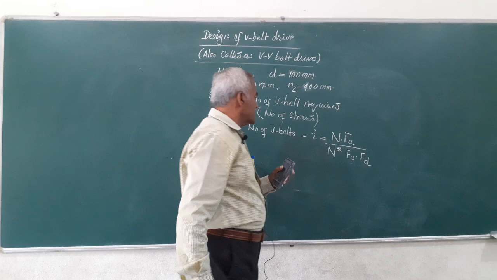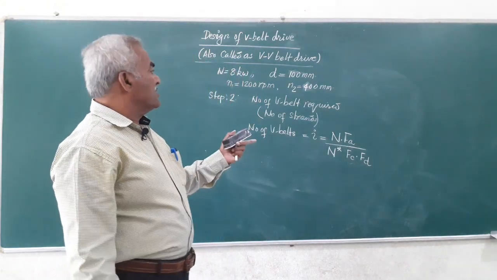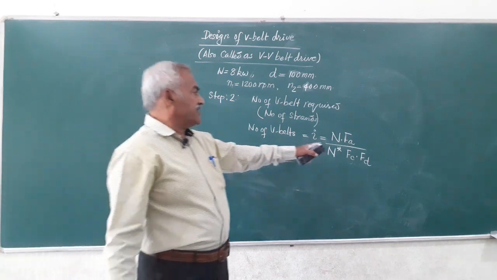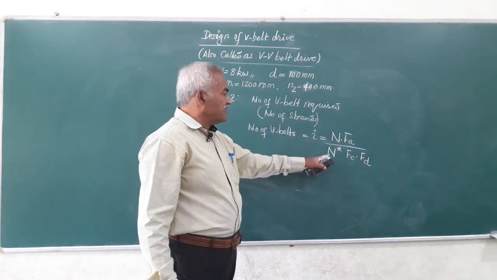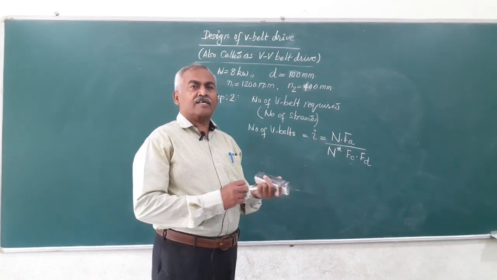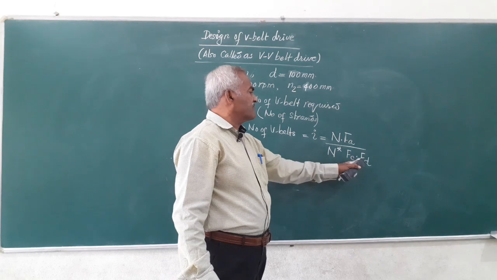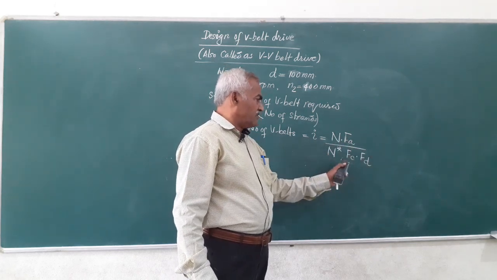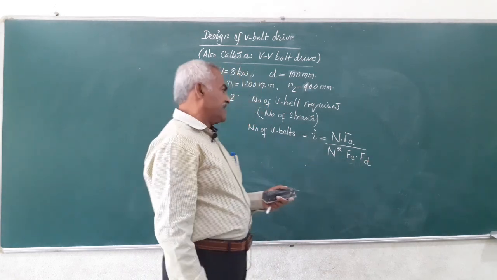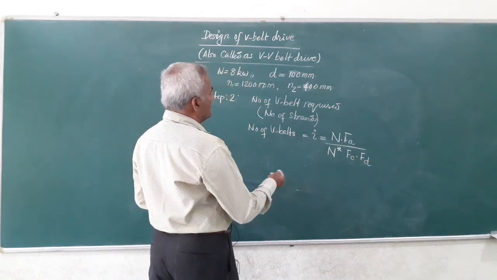In simple terms, friend, number of V belts will be, in simple terms, the total power to be transmitted, that is N. It is 8 kilowatts in this case, divided by N star, power transmitted by each of the belt we have selected. And these are the different parameters which specify the length of the belt, the angle of contact, etc. Now friends, let us see how to find out this.